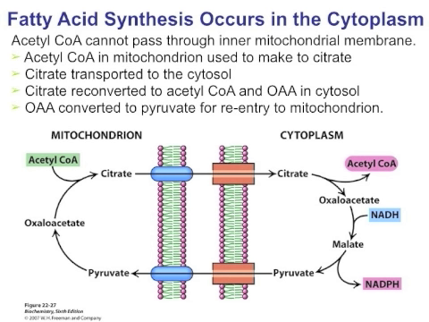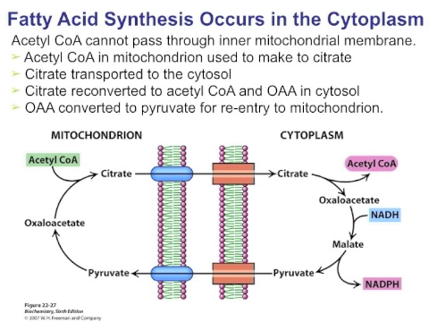Fatty acid synthesis occurs in the cytoplasm, but one of the things we need for fatty acid synthesis is acetyl-CoA. This cannot pass through the inner mitochondrial membrane where it's produced, and so we need to convert acetyl-CoA to citrate in order to move citrate across the inner mitochondrial membrane and into the cytoplasm. Once citrate is transported to the cytosol, it can be reconverted to acetyl-CoA and oxaloacetate.